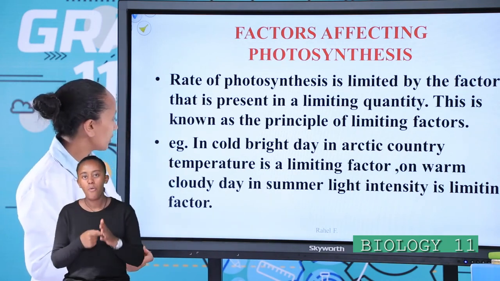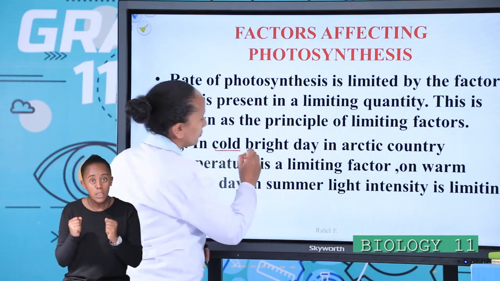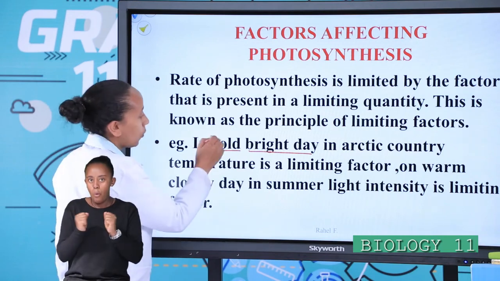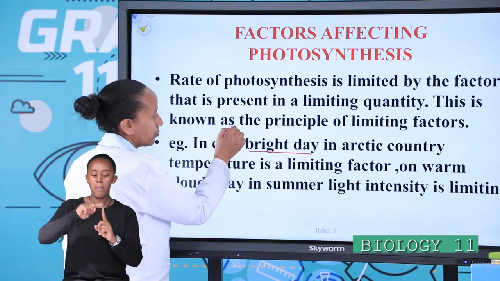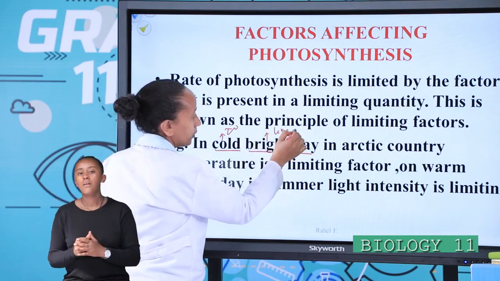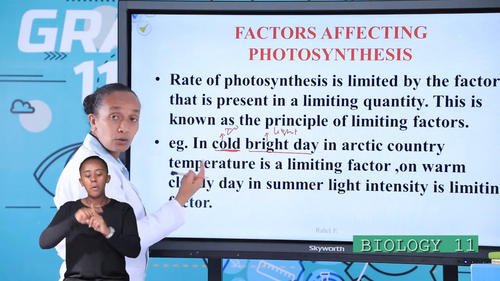If you look, for example, at a cold, bright day, what will happen? Cold represents temperature. Bright represents light intensity. But on a cold, bright day, the temperature is low.